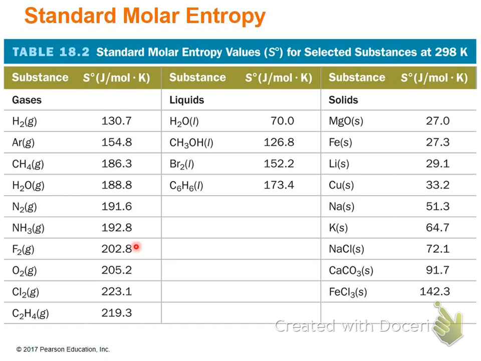If you look at the gases here, for example, they have a lot higher values compared to the solids. Hydrogen gas is at 131 joules per mole Kelvin, whereas magnesium oxide, which is solid, is only 27 joules per mole Kelvin. So the physical state matters whenever you're determining whether the standard molar entropy will be greater or lower between substances. Okay.